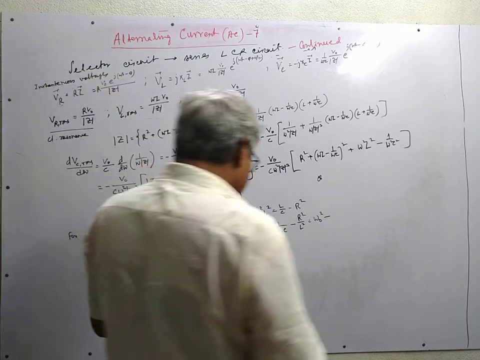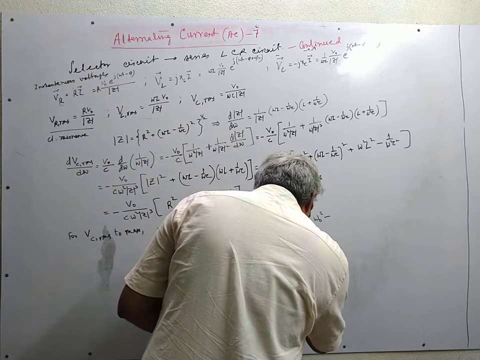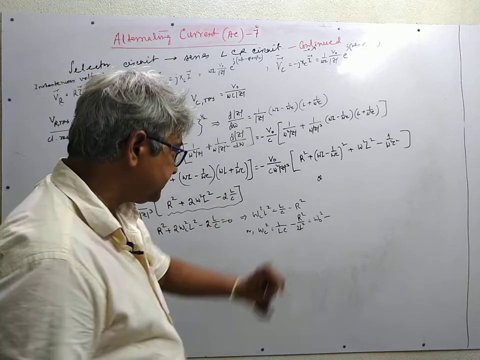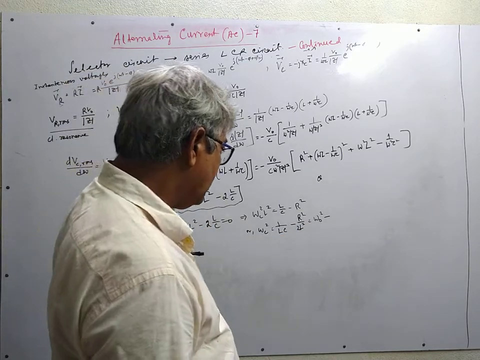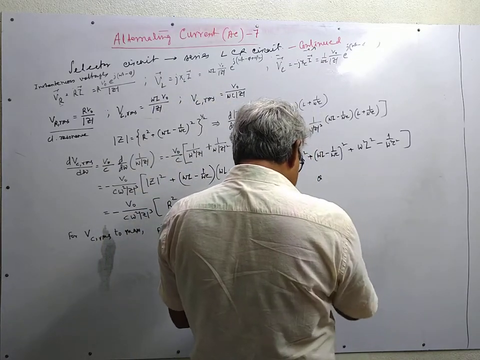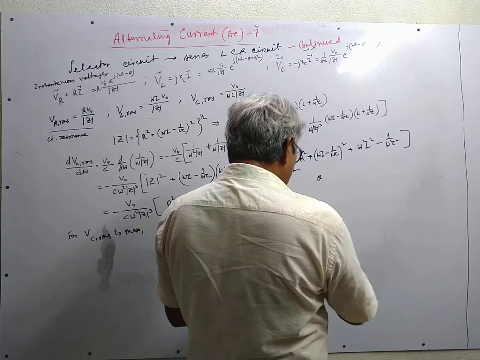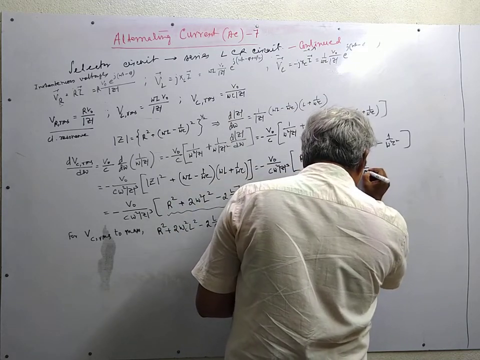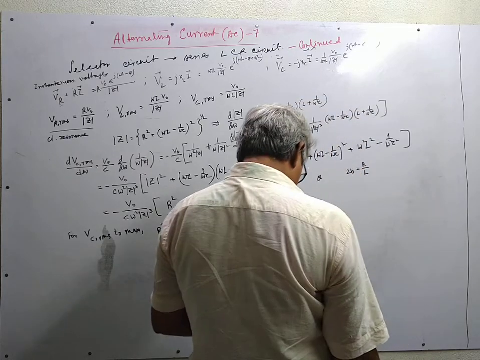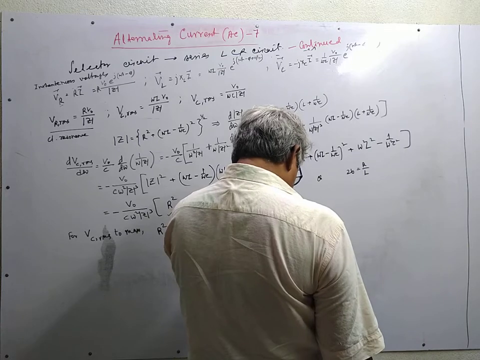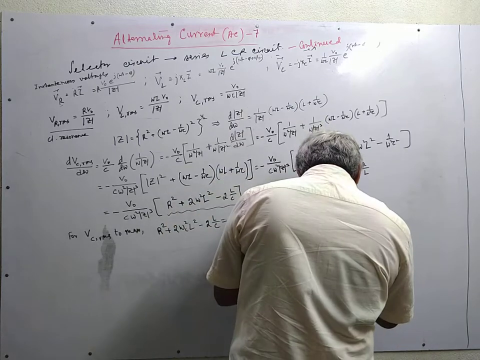This is the term that creates difficulty. We have divided all through by 2 and this was missing. So this is omega 0 square and this is twice b square. You know that twice b is equal to R by L. So this is R square by L square, this is twice b square.